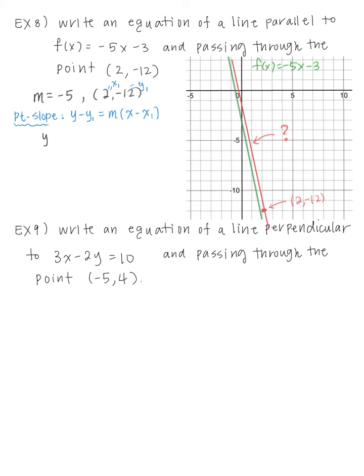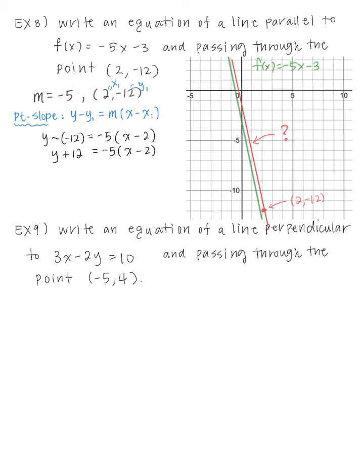So we have y minus y1, which is negative 12, equals negative 5 times x minus 2. All right, so this means that you're going to have y plus 12 equals negative 5 times x minus 2. Great. Okay, so that is already an equation of the line, of the red line.